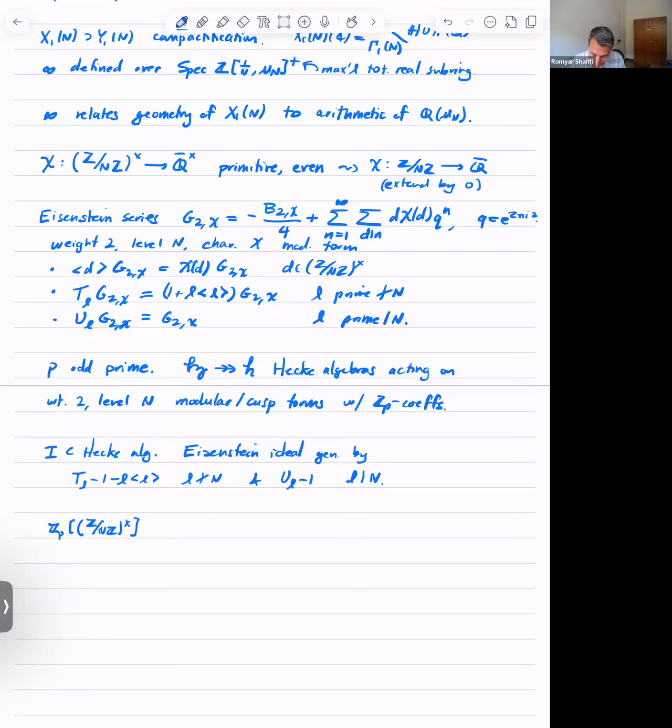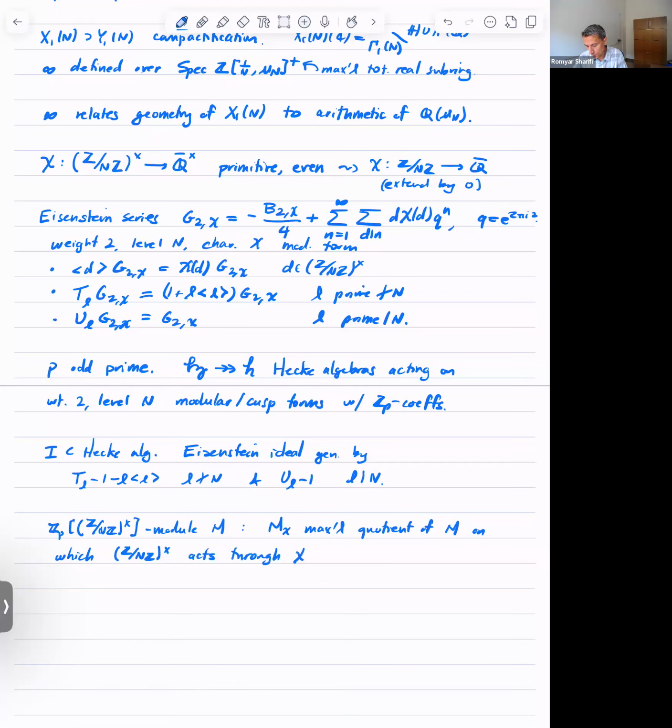So if I have a module for the group ring, then we can let M_chi be the maximal quotient of M on which, well, we have to make sense of what this means, but there's a way to make sense, on which (Z/nZ)^× acts through chi. So it makes sense as a quotient.